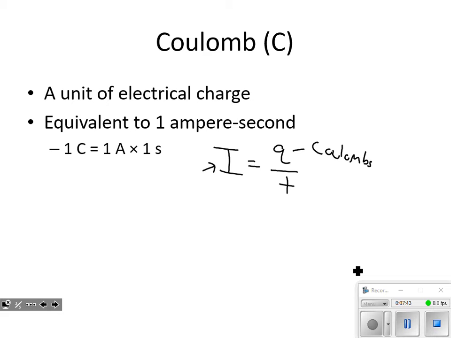And then I is the current, which would be the amps. That's the equation that will be given to you on the equation sheet. Typically, you want to solve for your number of coulombs because we can relate coulombs to electrons, and I'll show you that on the next slide.